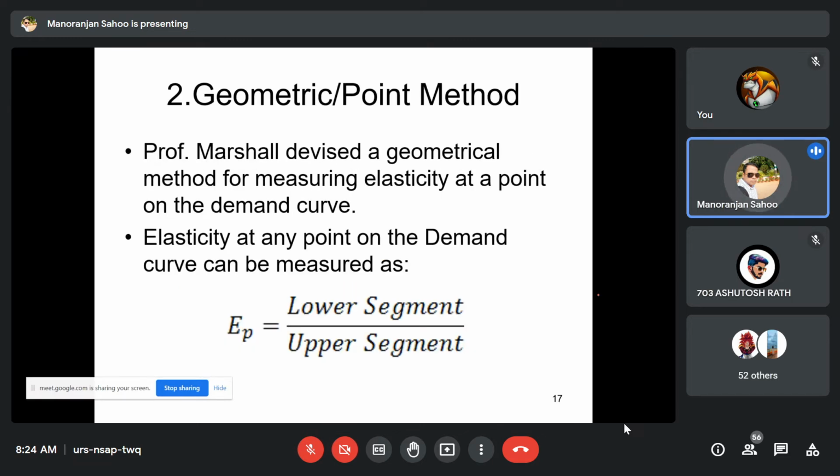Then the geometric method, or the point method. According to the geometric method, we can calculate the elasticity value at any point along the demand curve by applying the formula: elasticity value equals the lower segment of the demand curve divided by the upper segment of the demand curve.